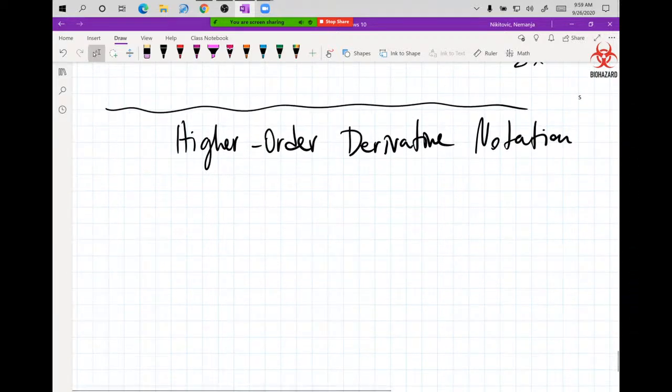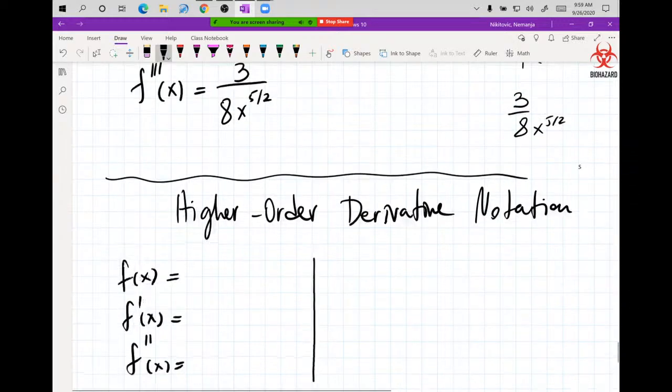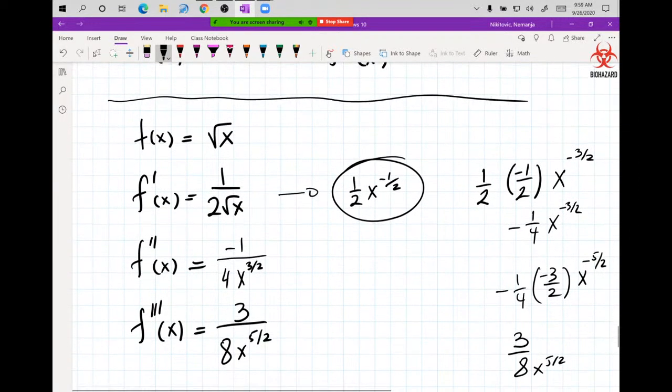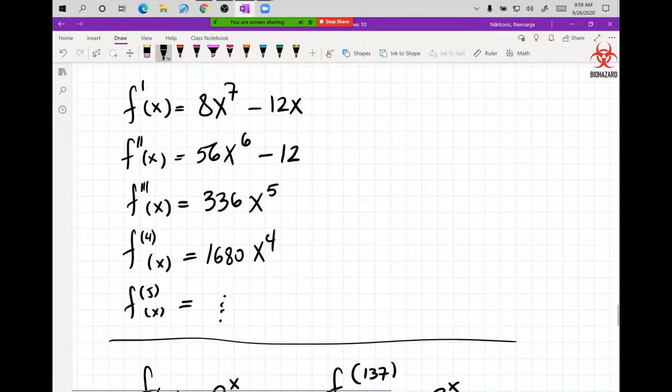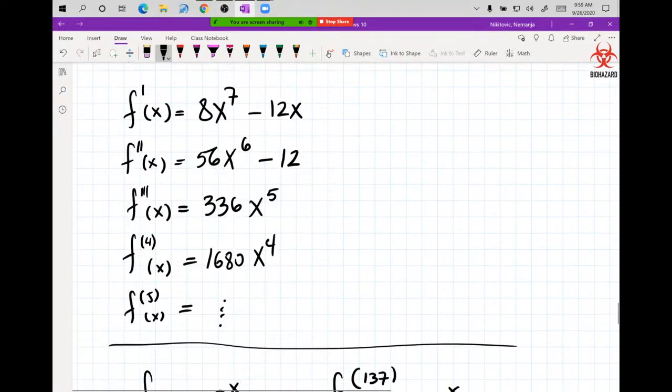There is the world that you have your f of x, and then you have your f prime of x on the new line, and the f double prime of x on the new line, going on through all possible lines. So that's one world, and that's the world we had. See that? F prime, f, right? And over here all the way to the fifth, and I defined it all the way through the nth derivative.